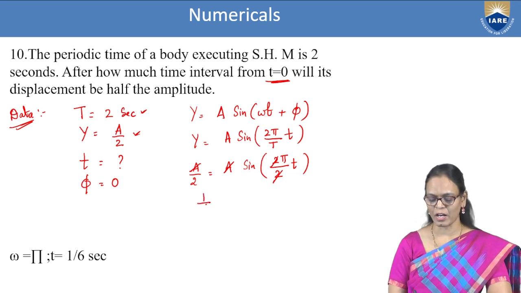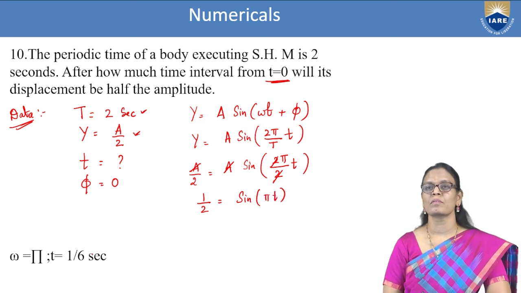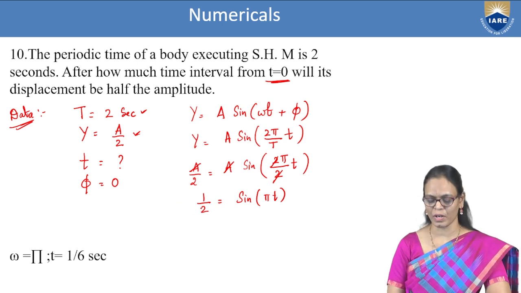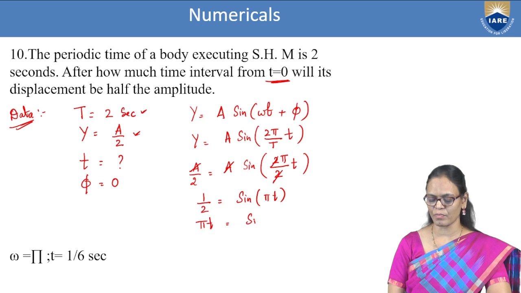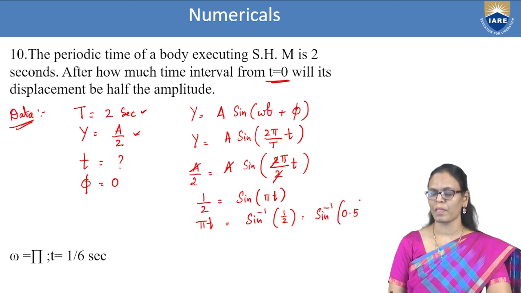So we have half is equal to sine pi t. So when will the value of sine be equal to half, or I can write it as pi t is equal to sine inverse of half, or sine inverse of 0.5.